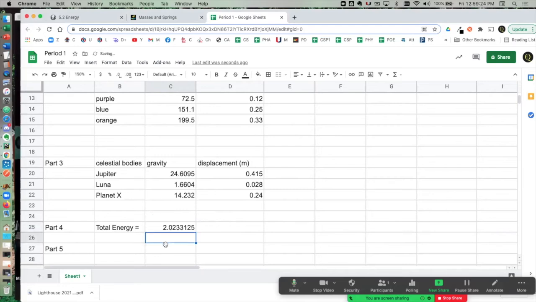Okay, it's MGH. So 0.25 times 9.81 times, I did 82.5 centimeters, so 0.825. Okay, so we get a little over 2 joules of energy that's in this system.